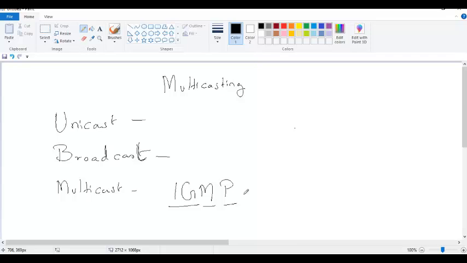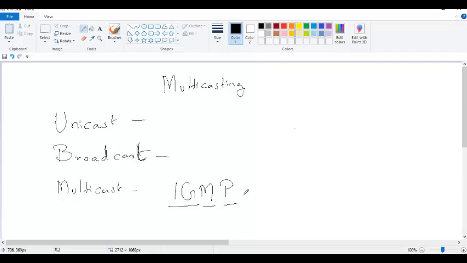This is on top of it. It's like a secondary address. A multicast address is an optional one. But a unicast address for a device, the host address, is mandatory. You cannot have a multicast address without a unique host address.